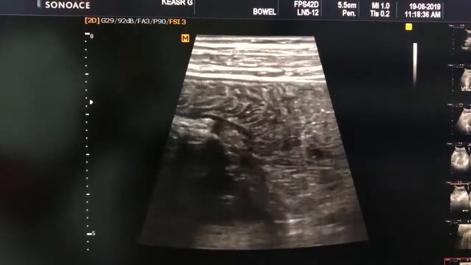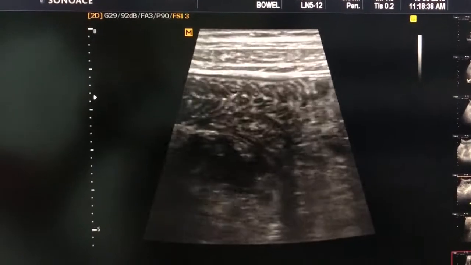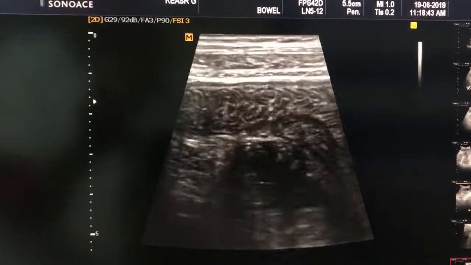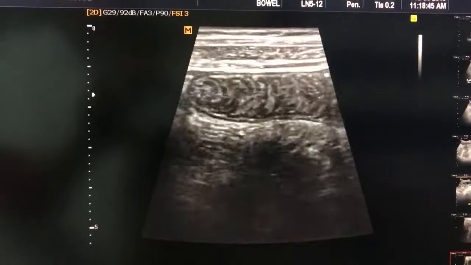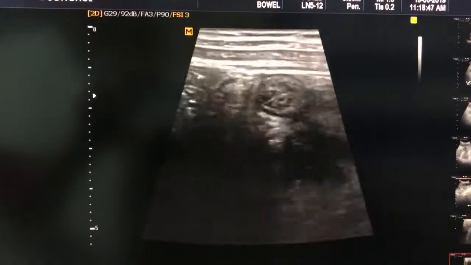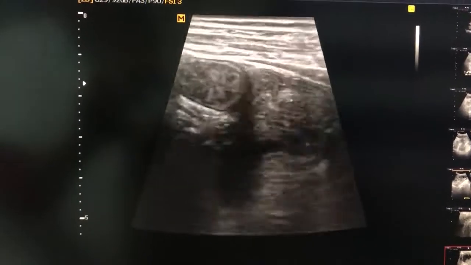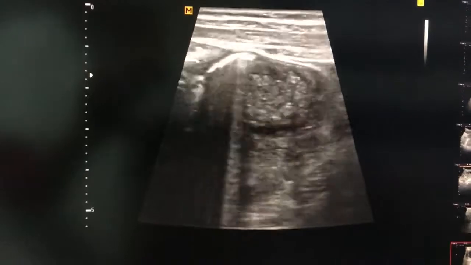So when fluid is present in the jejunum and all the small bowel loops, ileal loops are dilated, and also the jejunum, obstruction can be said to be extensive.